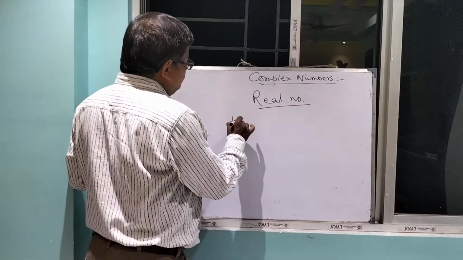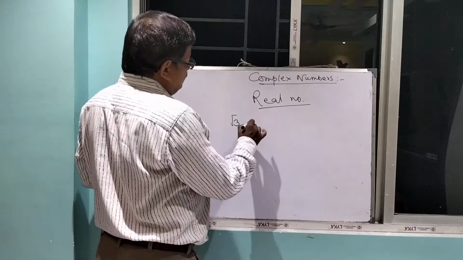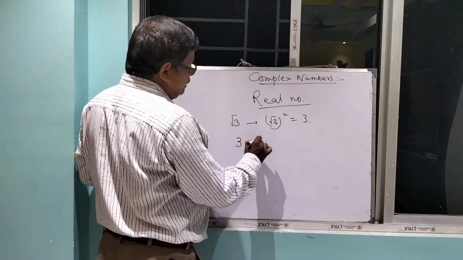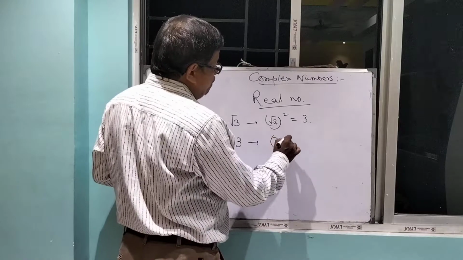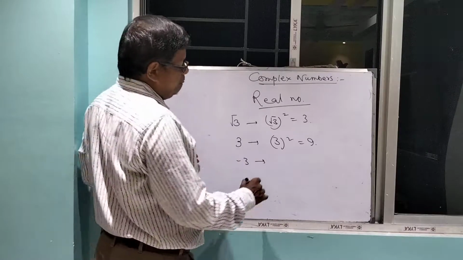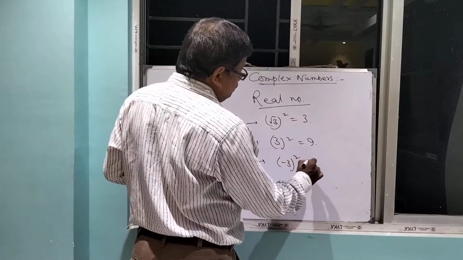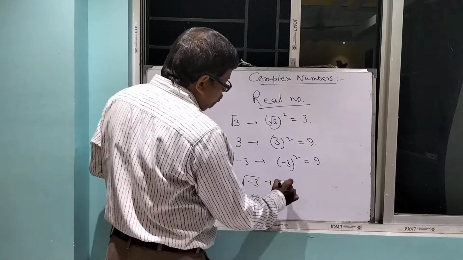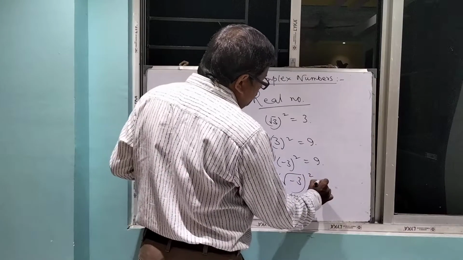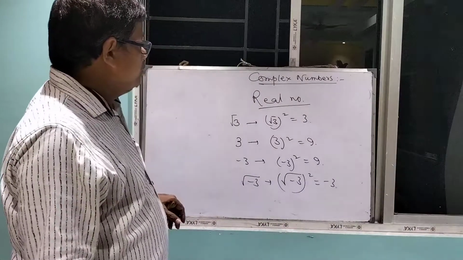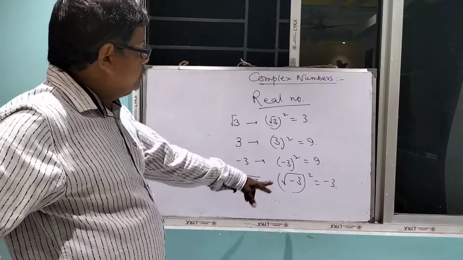Suppose I am writing root over 3. Its square, root 3 whole square, is always 3. If you write minus root 3, its whole square is also 3.